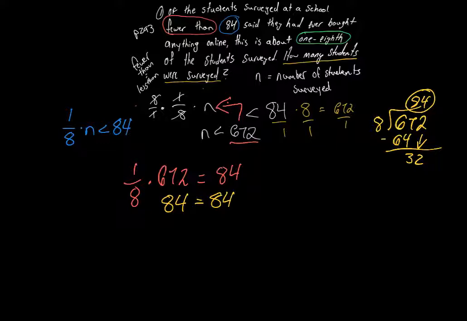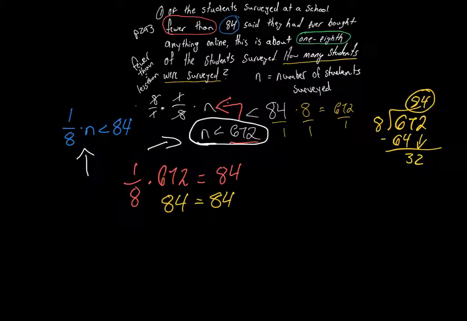We could also check the direction and make sure that our answer made sense by choosing a number less than 672. Because remember from last lesson, n has to be less than 672. So let's choose a number that's less than 672, plug it into here, and let's see if we get a number that's less than 84.